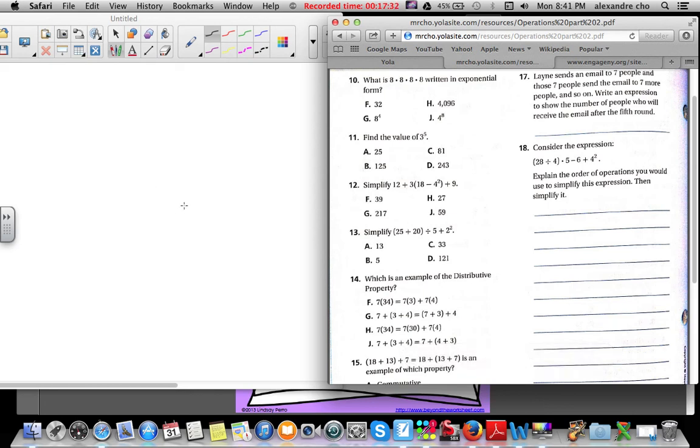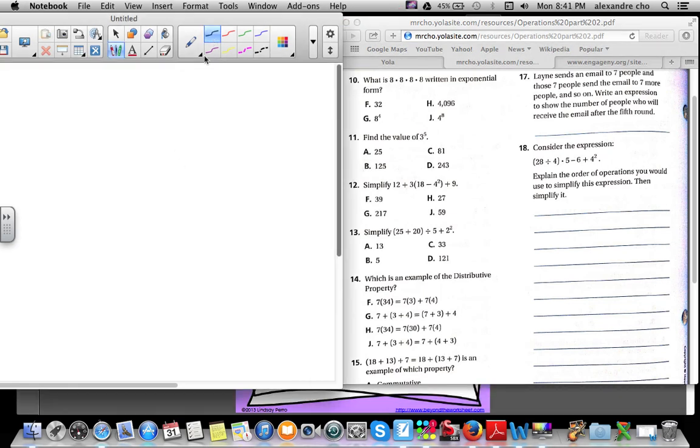G, 7 plus (3 plus 4) and (7 plus 3) plus 4, that's the associative property. Letter J is also the associative property, so that leaves you with letter H, which says 7 times 34 is the same thing as 7 times 30, and then adding that to 7 times 4. Okay, so letter H.